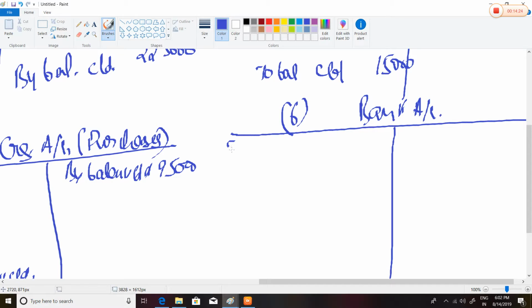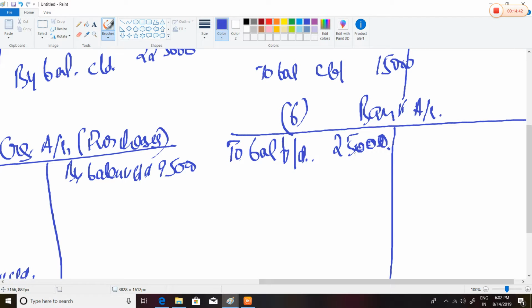To balance brought down 25,000. And by balance carried down, we have to compute. Sorry, the pen is not working properly.